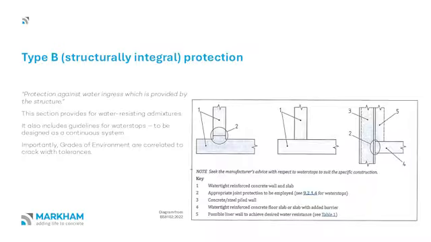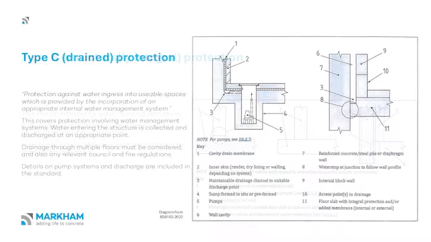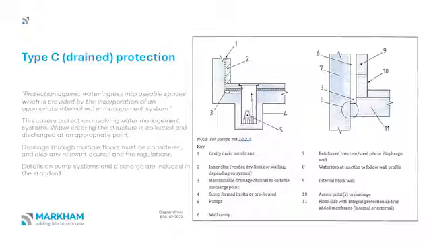And type C is on the inside, actually, and it's a drained system. It's a cavity system, so you still get a dry look and feel of the build, but it allows moisture to come in, and it's cavity drained down and out, run to a central point and pumped out.